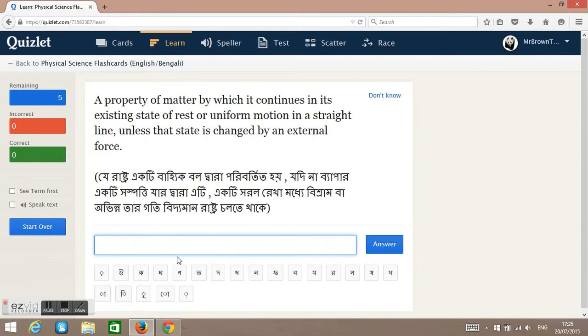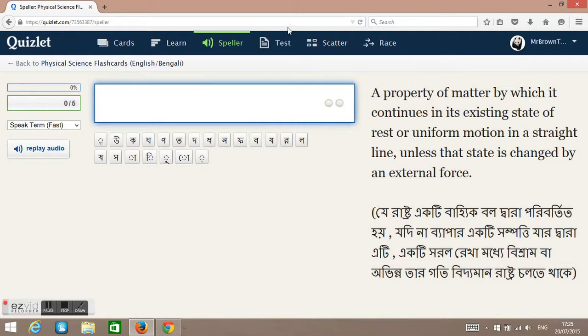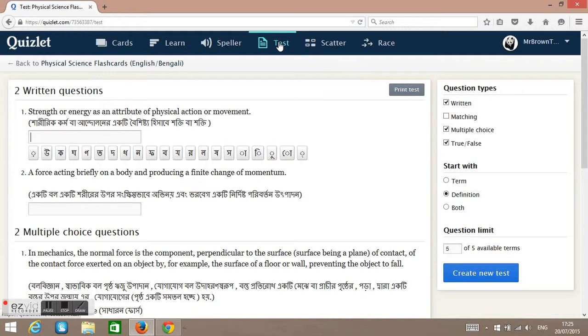Now, one thing we've noticed is that the Learn and the Speller apps are a bit difficult, especially when students have languages that have multiple characters or accents, while the Quizlet system does try to provide. I've often found that it's better just to use the flashcards and test and scatter.